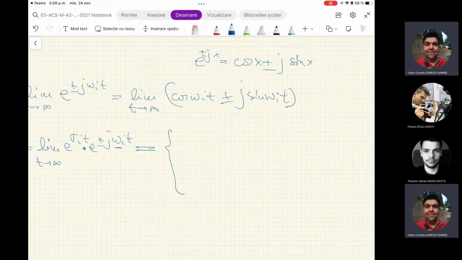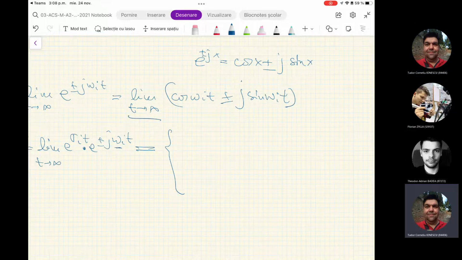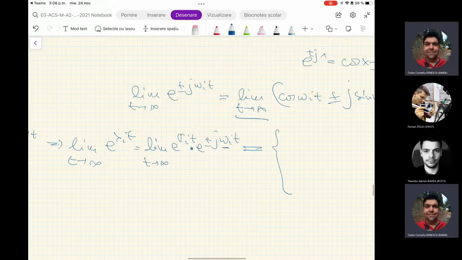How much is this limit? The limit is in t. How much is it? It doesn't exist.